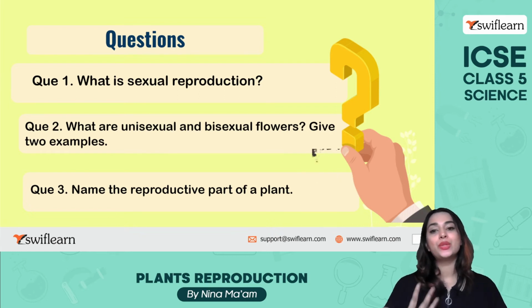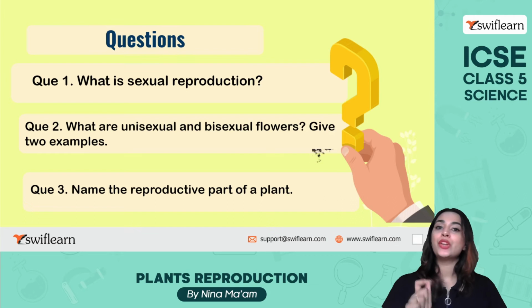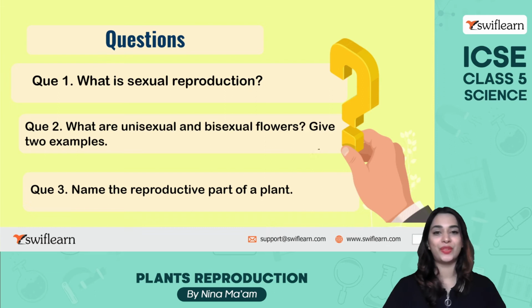Unisexual flowers contain either androecium or gynoecium, not both. Bisexual flowers contain the androecium, the male part, and the gynoecium, the female reproductive part, at the same time, altogether. So unisexual flower examples are watermelon, papaya and cucumber.